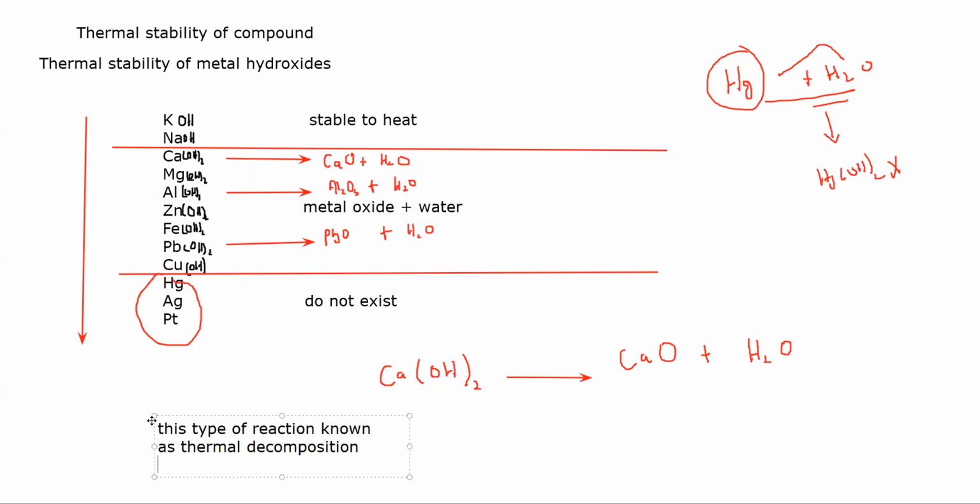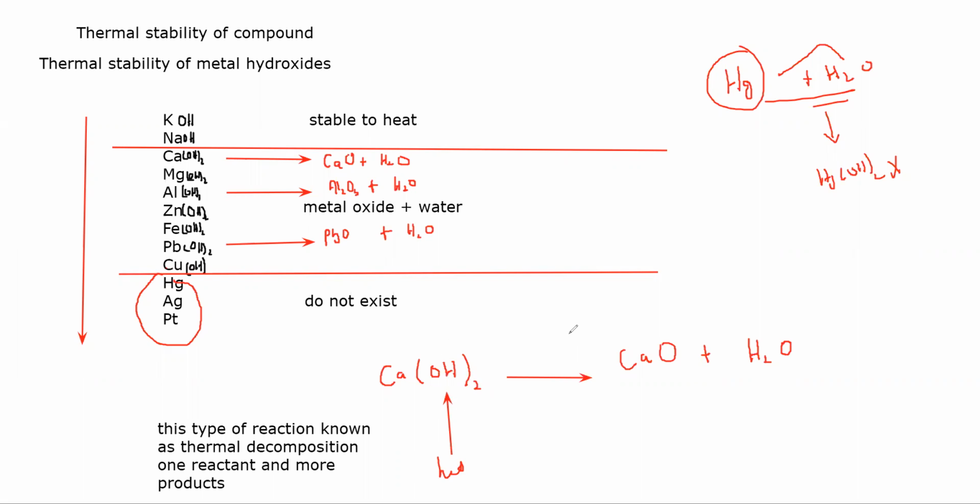How will you identify thermal decomposition? Only one reactant is there and more products. Because when you supply heat energy, you decompose this calcium hydroxide into calcium oxide plus steam or water, we call it thermal decomposition.